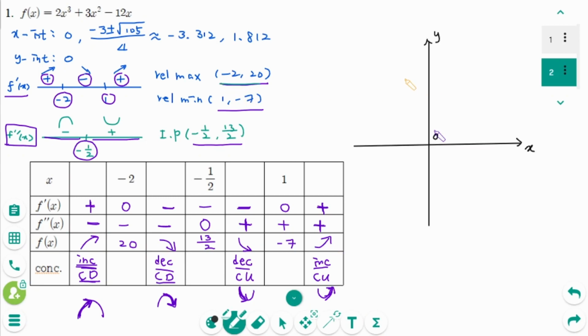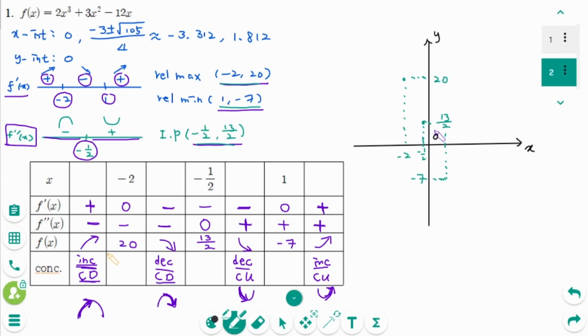Relative maximum is minus 2, 20. Relative minimum is 1, minus 7. And inflection point is minus 1 over 2, 13 over 2.